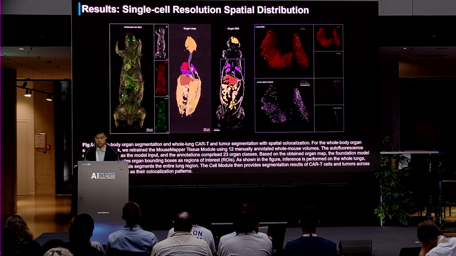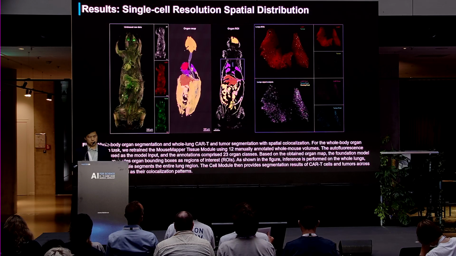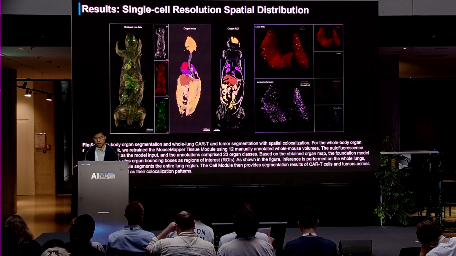This shows the whole body results of the inference. As we can see, we inferred the whole body organs and then evaluated some ROIs, like the whole lung.